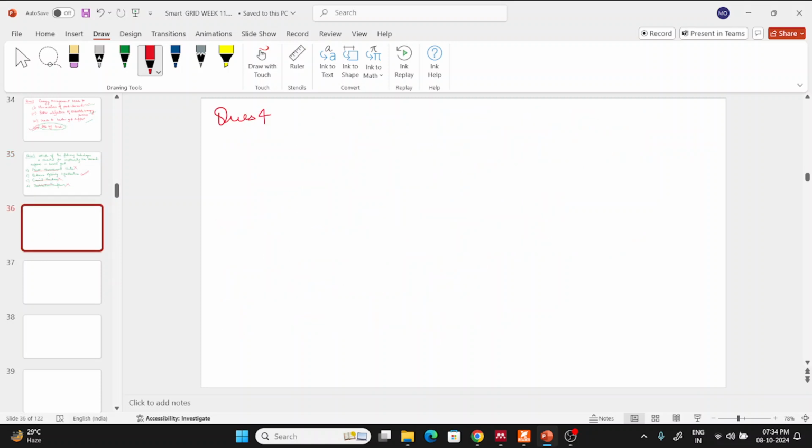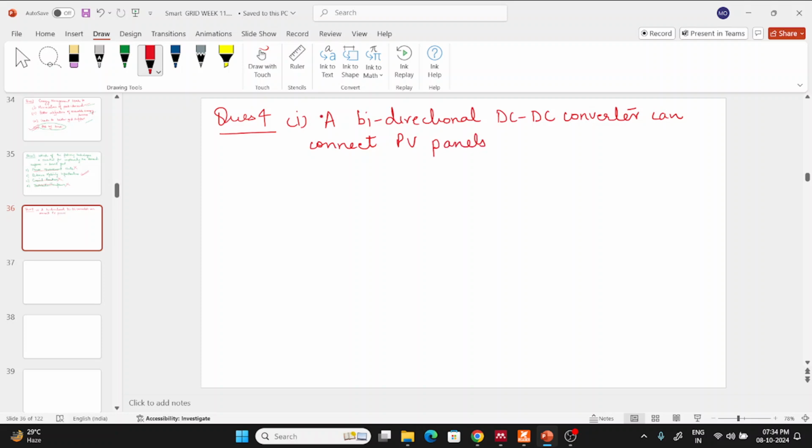so question number 4. A bidirectional DC to DC converter can connect PV panels to a conventional three-phase grid.